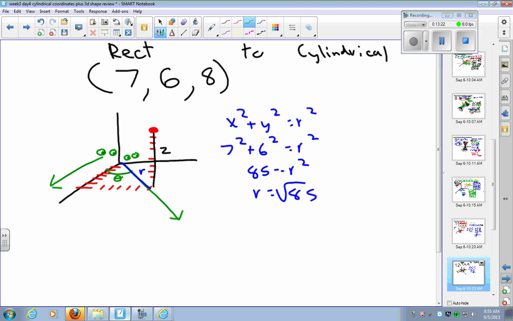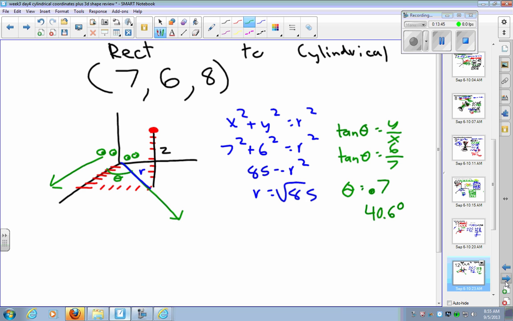Angle. Tangent of theta equals y over x. Tangent of theta equals 6 over 7. Theta turns into about 0.7 radians, or 40.6 degrees. So that's the amount of movement with your eyeballs, and then you looked up.